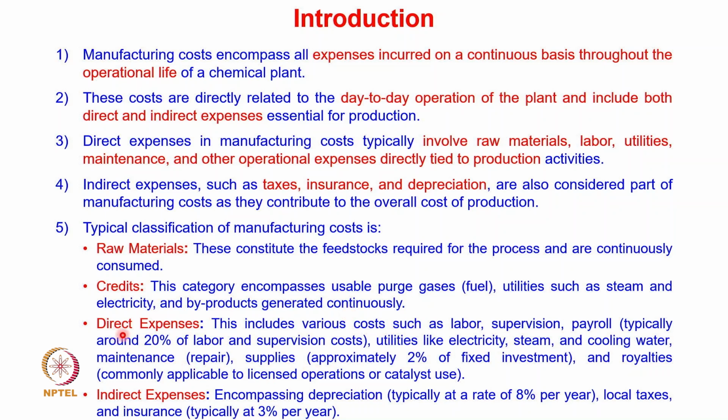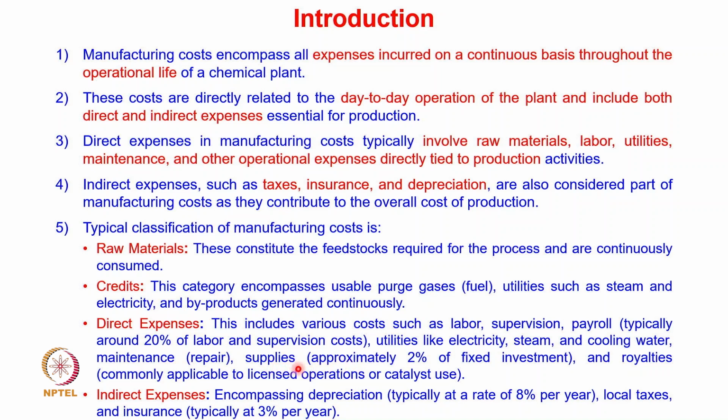Then the next classification is direct expenses. Direct expenses include various costs such as labor, supervision, and payroll. Typically the payroll is taken as around 20% of the labor and supervision cost. Then the utilities like electricity, steam, cooling water, and maintenance.